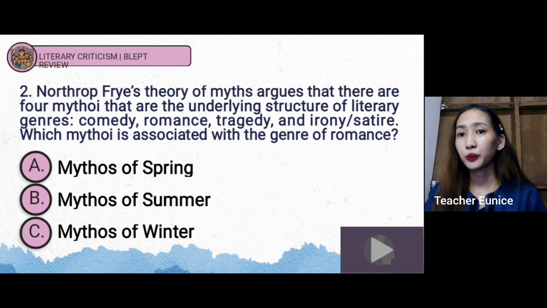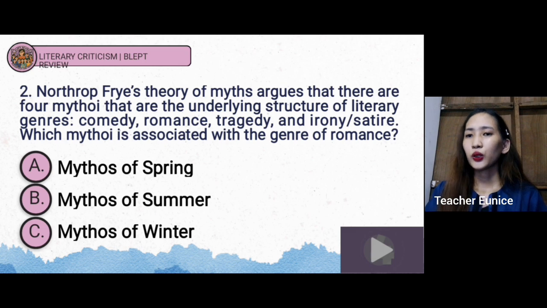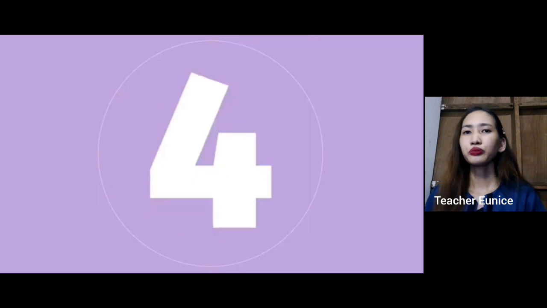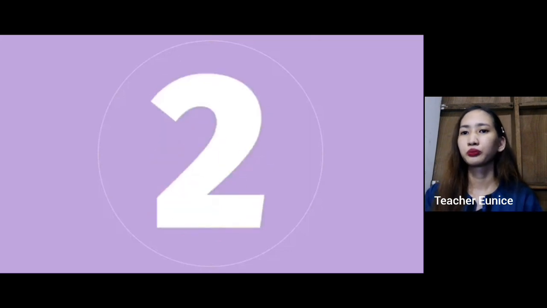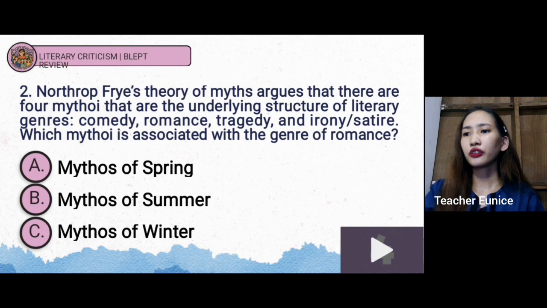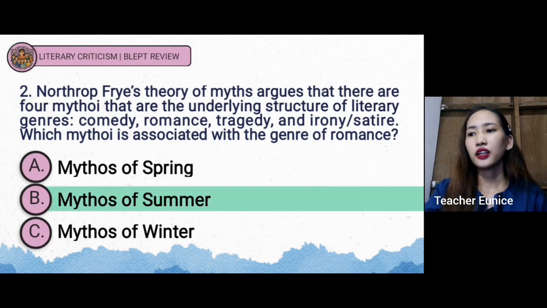A. Mythos of spring, B. Mythos of summer, and letter C. Mythos of winter. So your 5 seconds timer starts now. So time is up. So the correct answer is letter B, Mythos of summer.